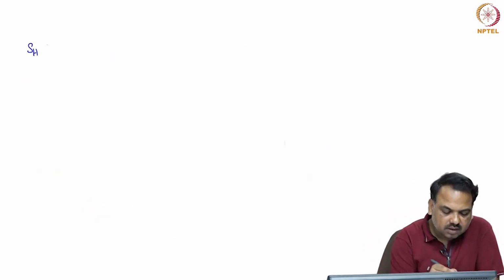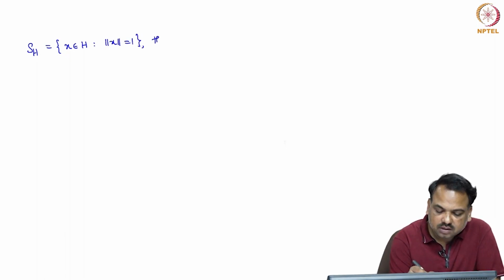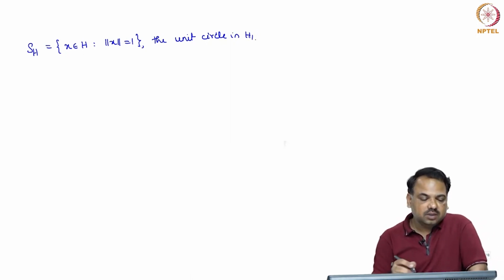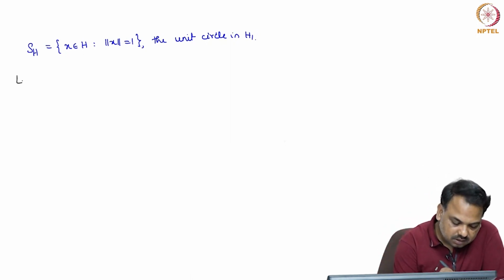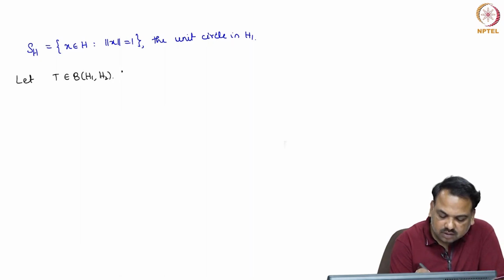Let us write S suffix H as the set of all x in H such that norm x equals 1, the unit sphere in H1. Now let T be a bounded linear transformation from H1 into H2.